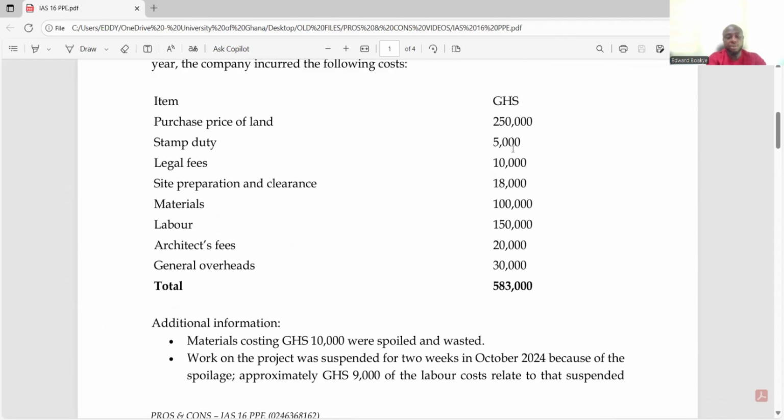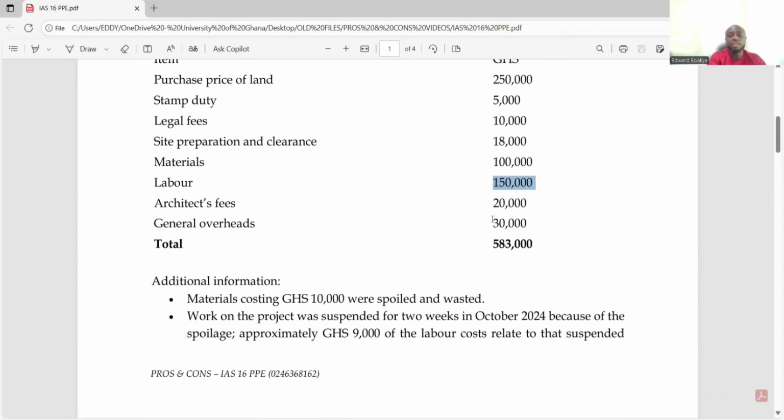So it means if we are doing that, the purchase price will be there. What are the attributable costs? We have stamp duties, we have legal fees, we have site preparation, we have materials, which is supposed to be 90,000. We have labor, which we will take 9,000 out from to make it 141,000. We have architect fees, and then the general overheads, we said it is general, and therefore we will not be adding it.